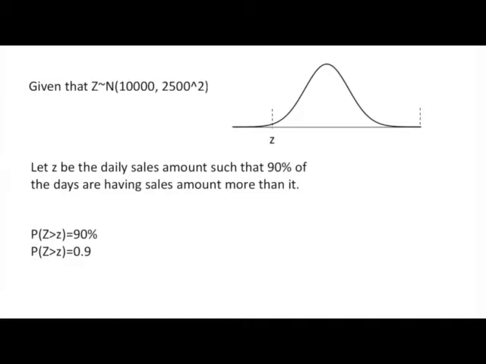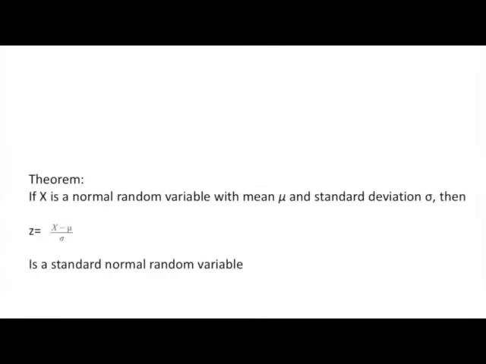Therefore, we have the probability equals to 90%. It can be shown on the normal distribution graph that the area of 90% is the area on the right of x above the axis. And according to the theorem, if x is a normal random variable with mean and standard deviation, then Z equals to x minus mean over standard deviation.